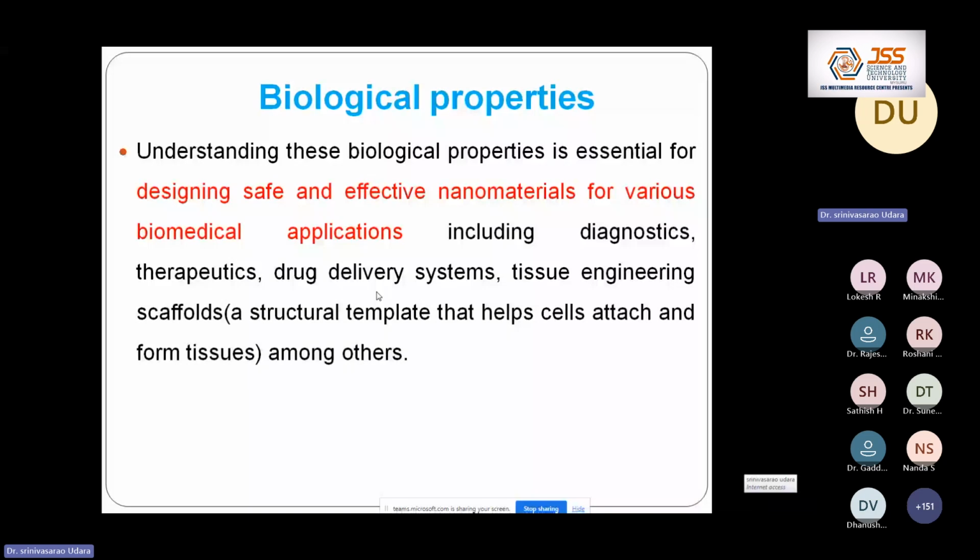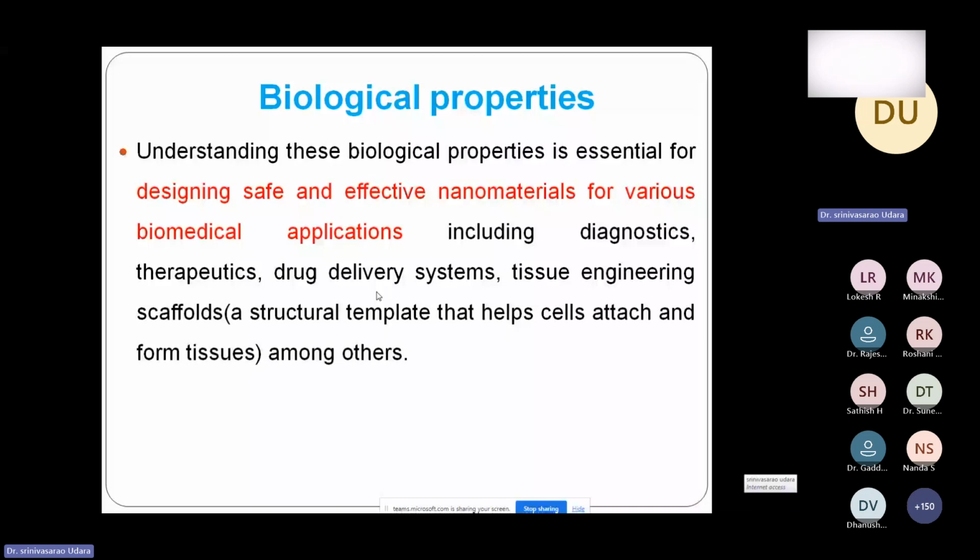So you need to study what kind of material it is and in what way these materials are safe. This is very, very important. We need safe and effective nanomaterials for various biomedical applications, especially diagnostics, therapeutics, drug delivery systems, and tissue engineering. And scaffolds are related to tissue. These are the major applications we use nowadays.